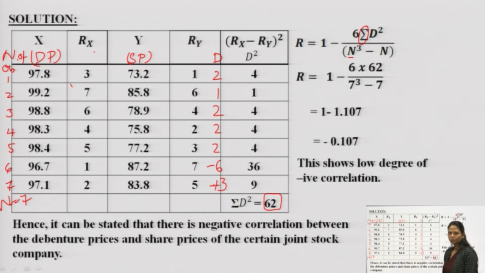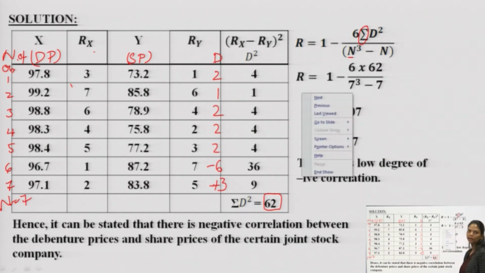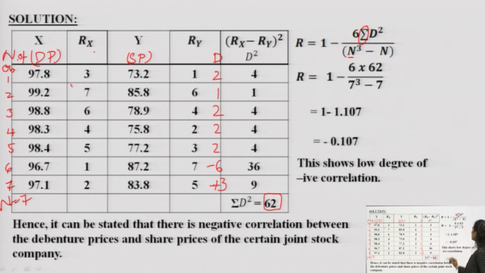So, putting n is equal to 7, I have 7 raised to the power 3 minus 7. So, 6 summation d square gives me 6 into 62 divided by 7 raised to the power 3 minus 7, which gives me 1 minus 1.107 is equal to minus 0.107.